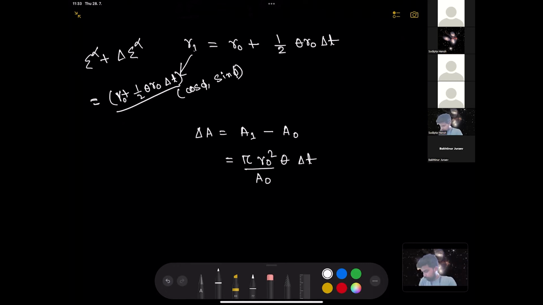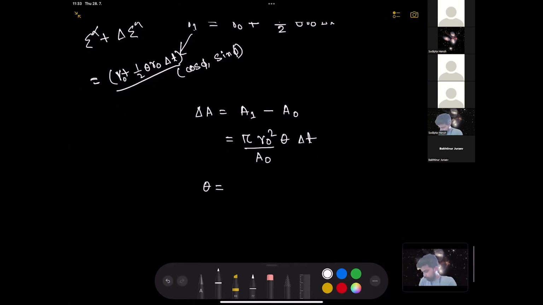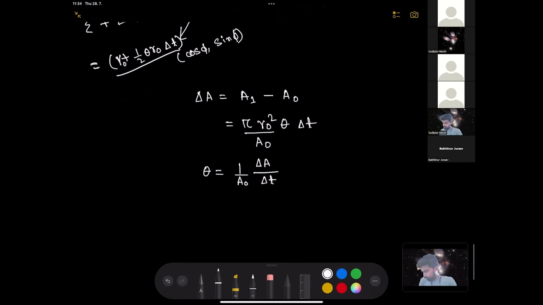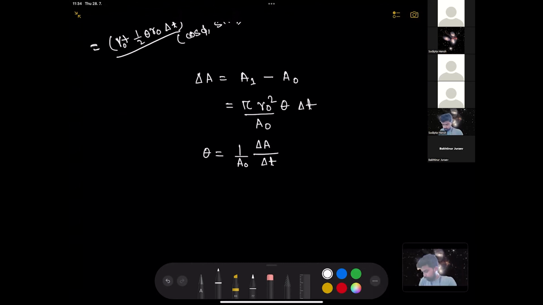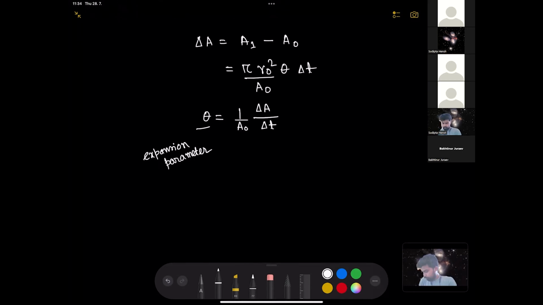So you can say that theta is one over A0 times dA by dt. So this theta is the expansion parameter, and it can be written as the change in area per unit time, or more concretely, the fractional change in area per unit time.